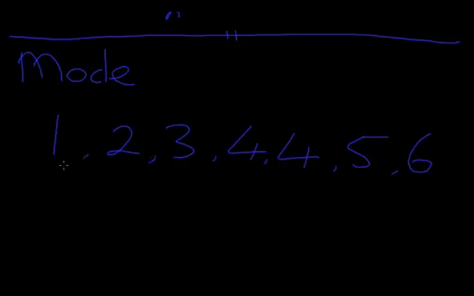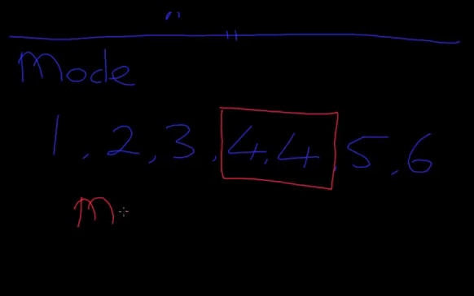Well, that's really easy. The mode is where you see the same number repeated the most number of times, and in here you can see there is just one number repeated. So the mode, in this case, equals 4.